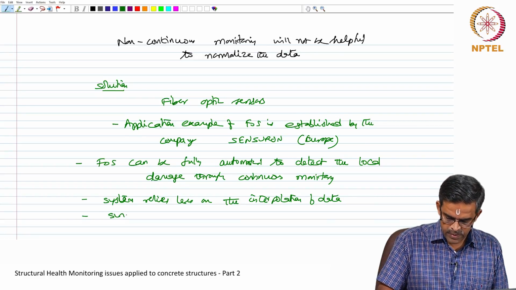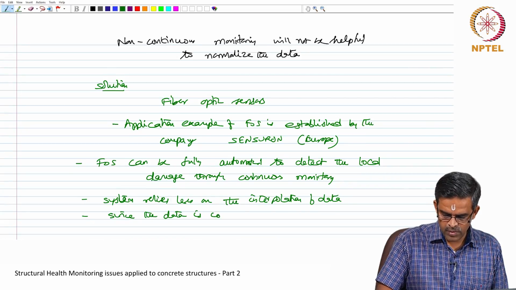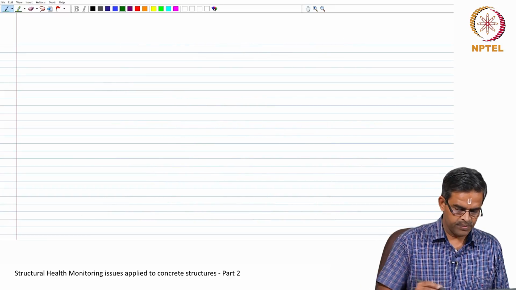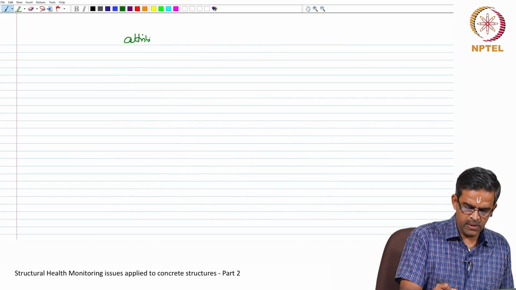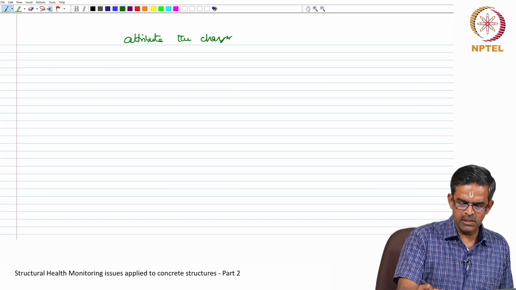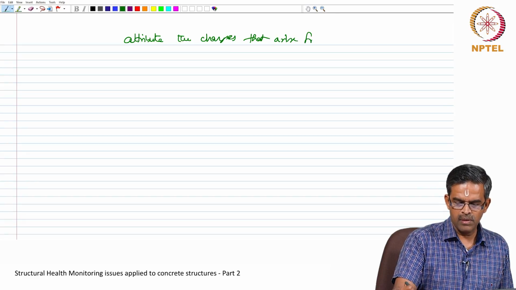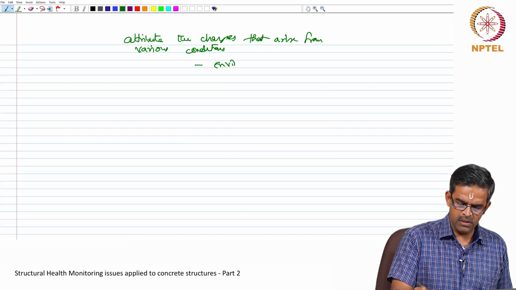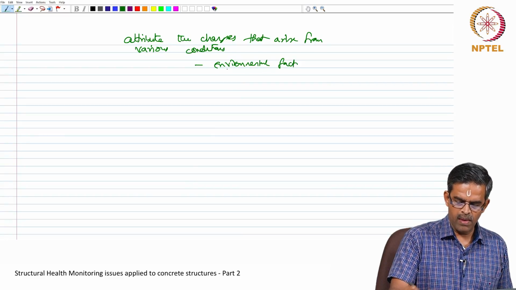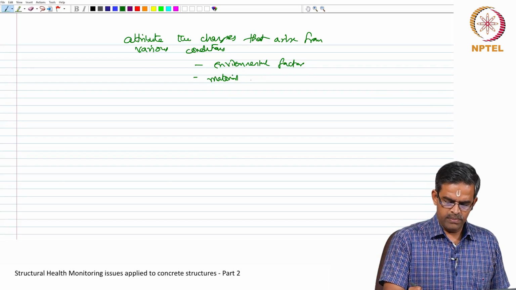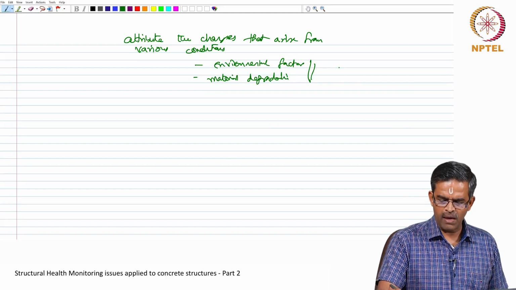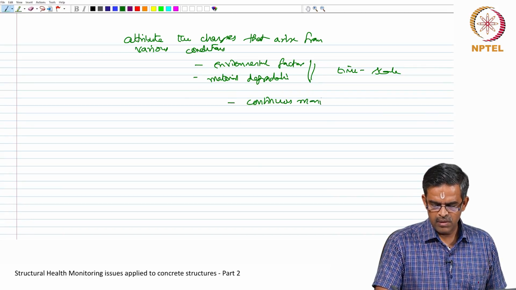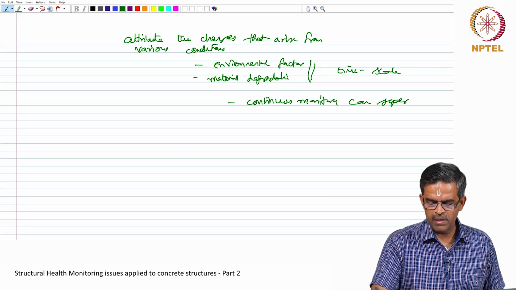Since the data is continuous, it is also easy to attribute the changes that arise from various conditions like environmental factors, material degradation, etc., because all of them have a different time scale, and when the monitoring is continuous, one can separate them very easily.